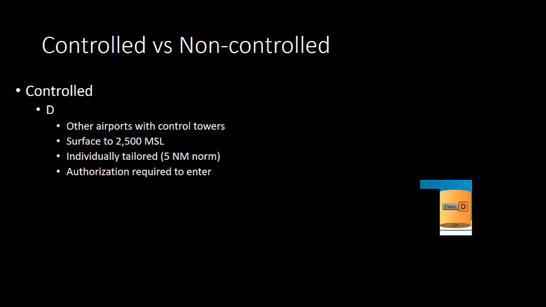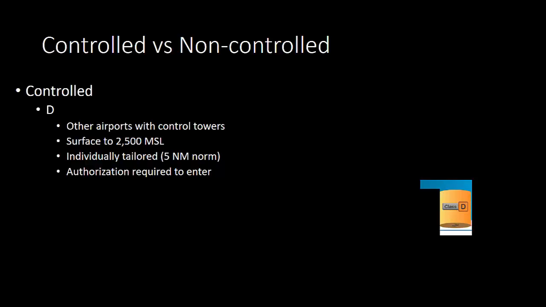Typically it is 5 nautical miles, but as in the case here in Sioux City, our secondary airports, because they're so close to SUX, Sioux City Gateway Airport, those other airports are so close, they've actually got a smaller radius that they work with because of that.